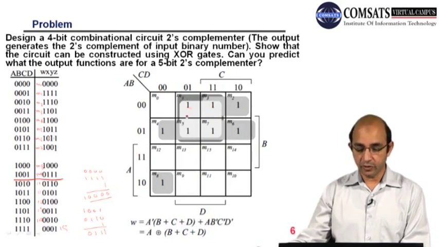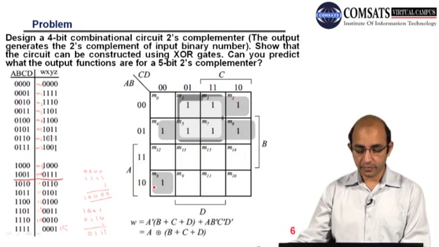So then after the quad we will look for a square. So here you can see we have a square here, right? So as a result of this square we have a term, right? And then we have another grouping of 4 ones here, right? And then we have another grouping of a pair here, right?